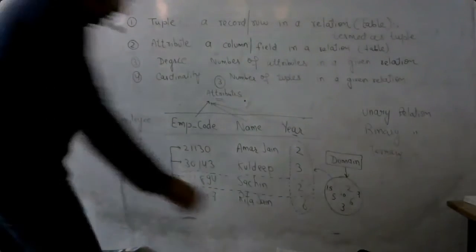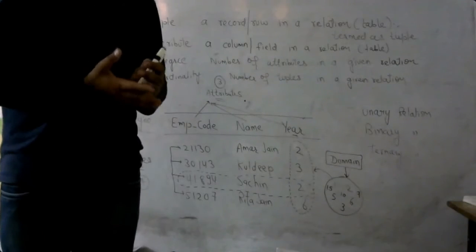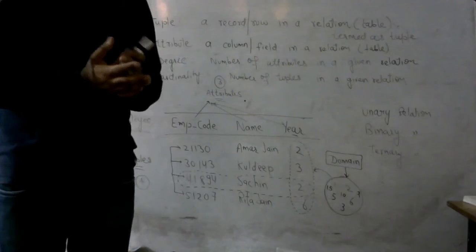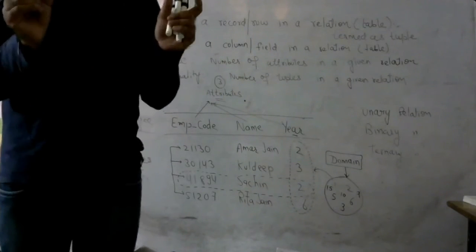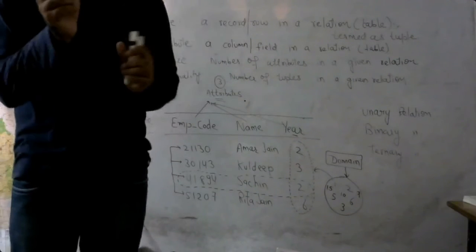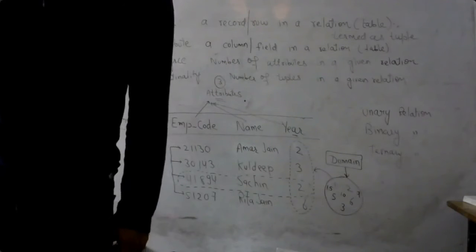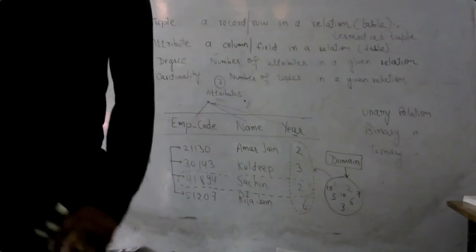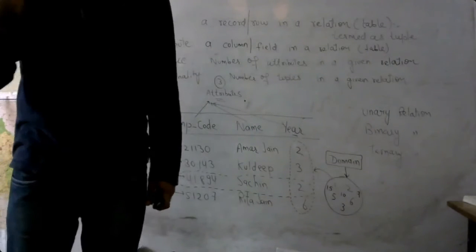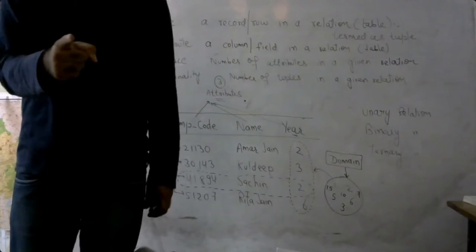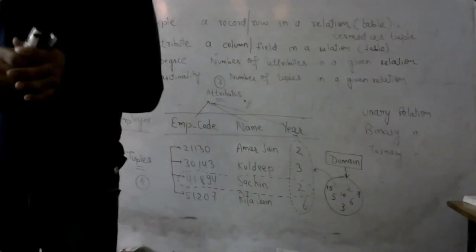So let's quickly revise what topics we have covered today, to summarize before the end of this section. Very first thing, relational data model. We divided it into two terms: relation and data model. What is a data model?